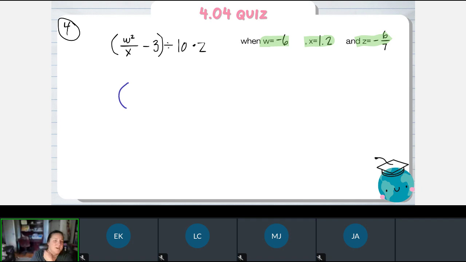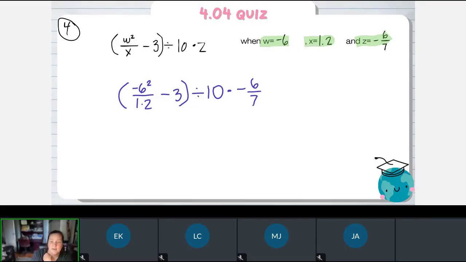We have w squared, and w equals negative 6. So we've really got negative 6 squared over x, which is 1.2, minus 3. Close parentheses. Copy down the rest of your problem, divided by 10 times z, and z is equal to negative 6 over 7.